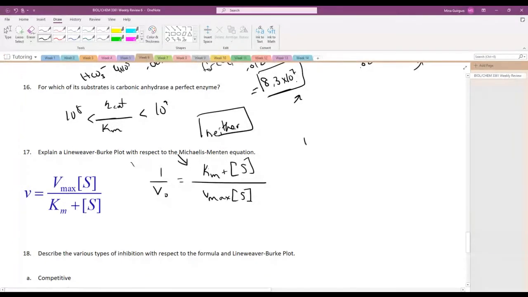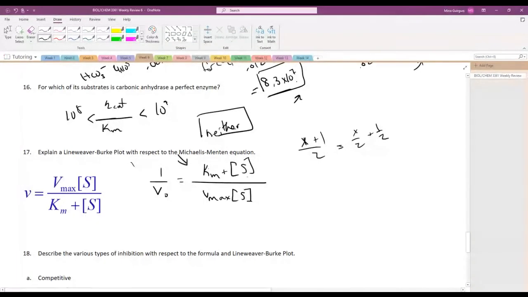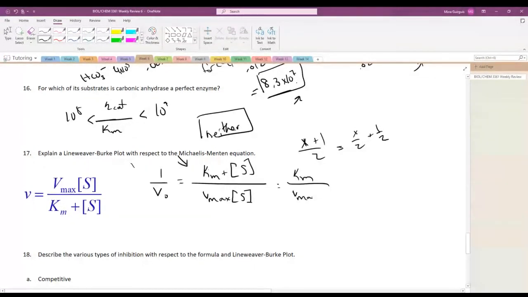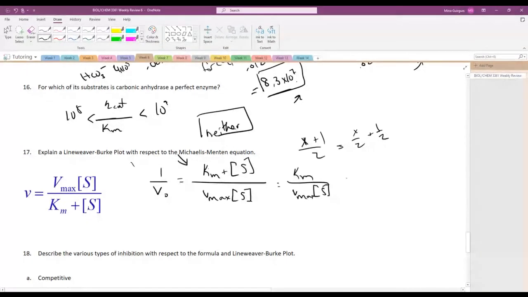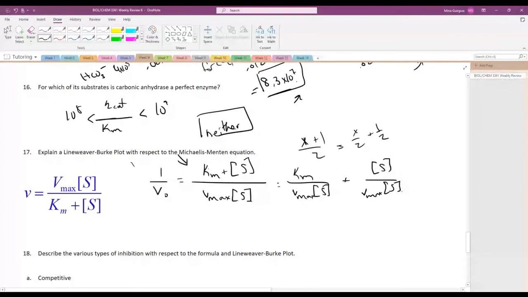So when I have x plus 1 over 2, I can split that into x over 2 plus 1 over 2. We're going to do the same thing here. So we're going to say Km over V max times S plus S over V max times S. On the right fraction, the substrate concentrations cancel.